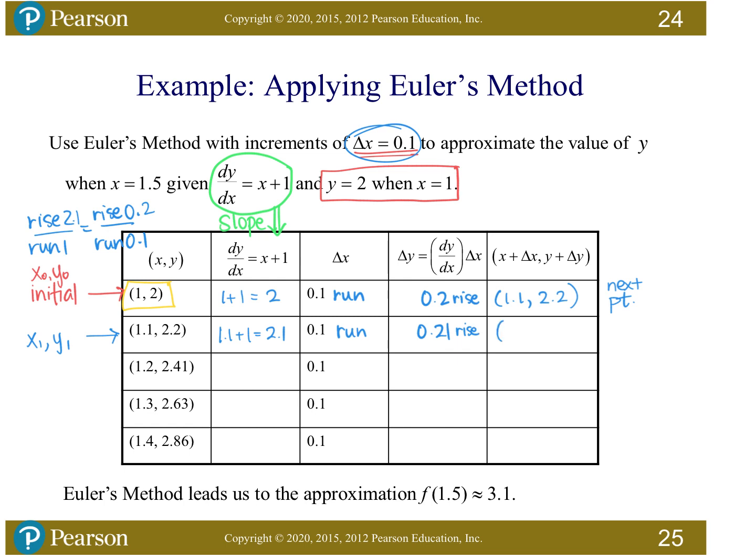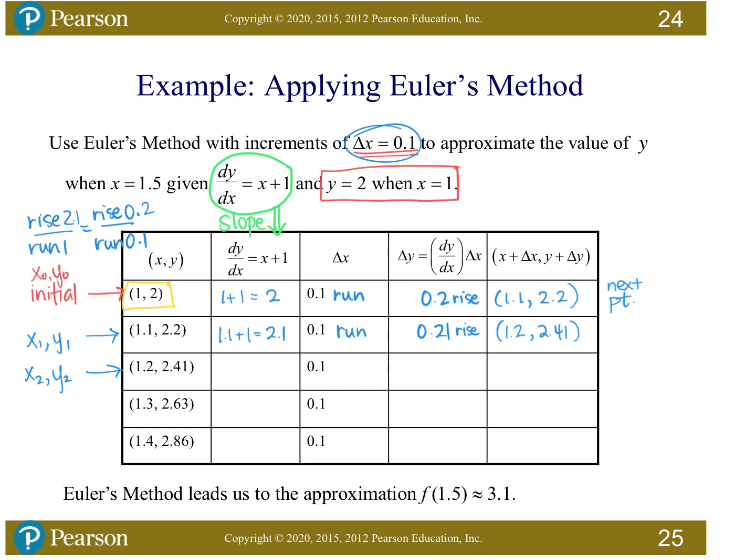So now I've run another 0.1 increment, and my rise, if I add 0.21 to where I'm at, gets me 2.41, and that's the next point. And now I want to make a micro adjustment again. So now I'm at x2, y2.